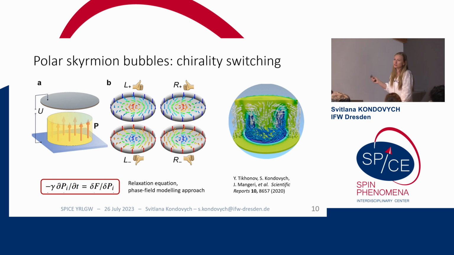Since this is not a dynamical problem, it's just static relaxation, it's not important for our modeling somehow. So if we want to model dynamic properties, we have to think about the typical time of relaxation of this system. But here it's just to get the system to evolve into a stable state.